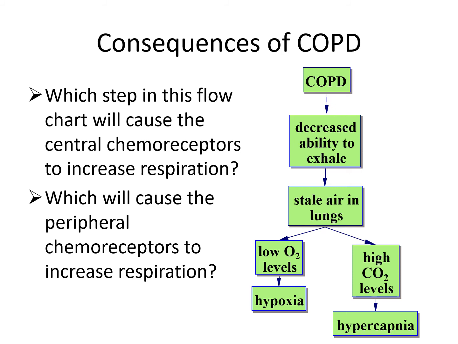The first question I have here is which step in this flowchart will cause the central chemoreceptors to increase respiration? That would be our hypercapnia. In the brain stem, we sense our carbon dioxide level, well, truly pH level, but we call it carbon dioxide level. In the periphery, we sense our oxygen levels.